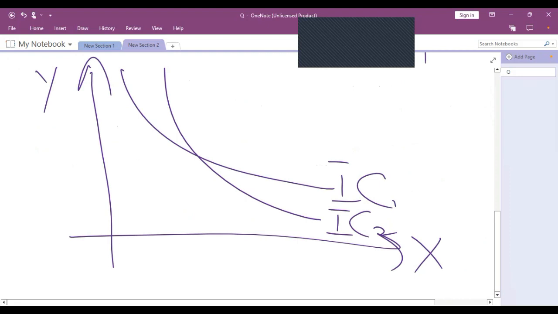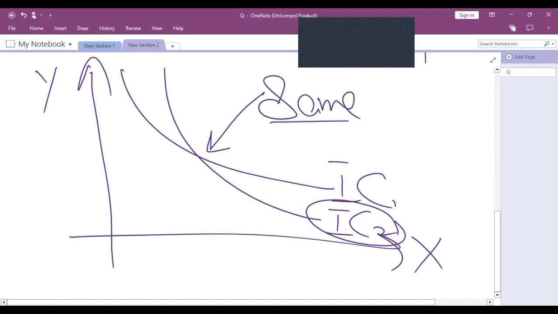It will never happen in practical life because IC2, the second level of IC, always gives more satisfaction. But a point of intersection shows that the satisfaction level has become the same at both ICs, that is IC1 and IC2.